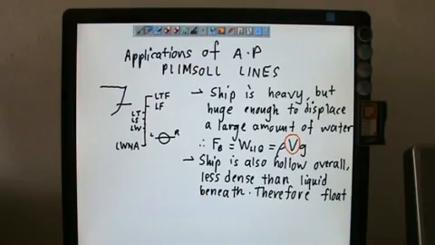The large buoyant force equals the weight of the ship. At the same time, the ship is also a hollow body overall and less dense than the liquid beneath. Therefore, it floats.